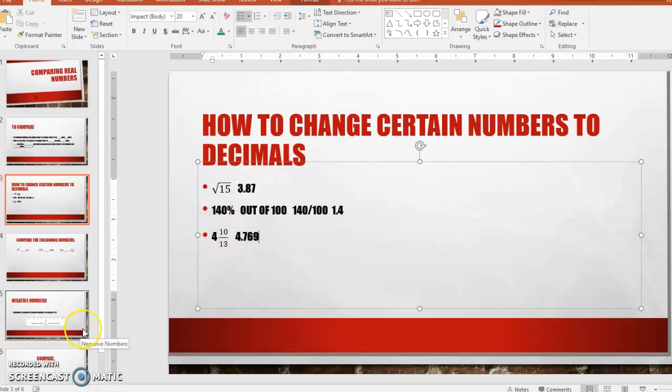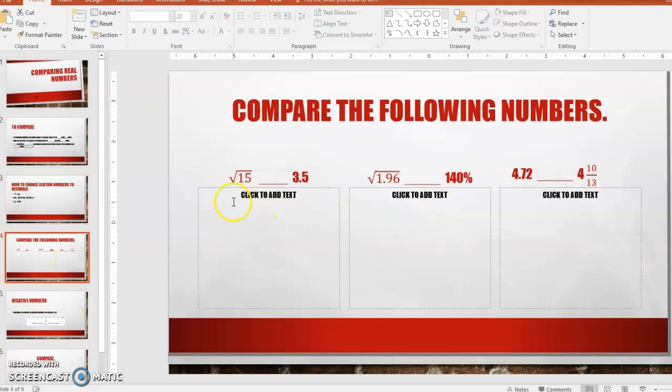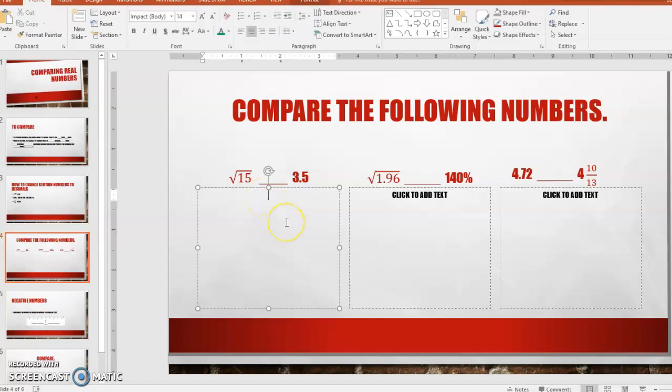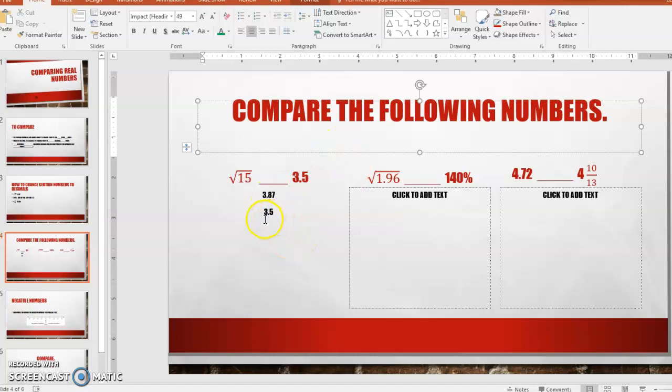Okay, so let's compare some of these numbers. We already did the square root of 15, and we found it to be 3.87. Not very big. I hope you can see that. And we're comparing it to 3.5. Well, think of this like $3.87 and $3.50, or 3.5, not 5 cents, that would be 50 cents.